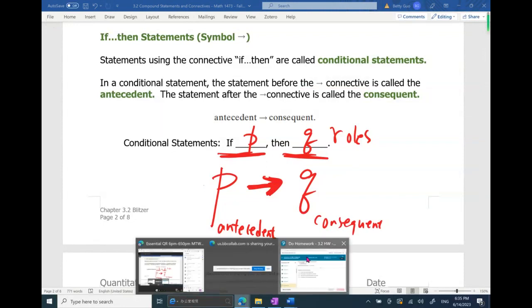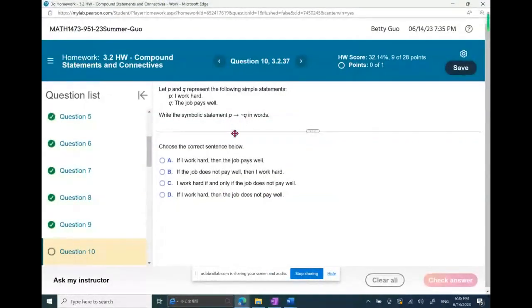Okay, so let's go back. Obviously, this compound statement is conditional, right? So we are looking for if then. If P, then not Q. If I work hard, then the job does not pay well.